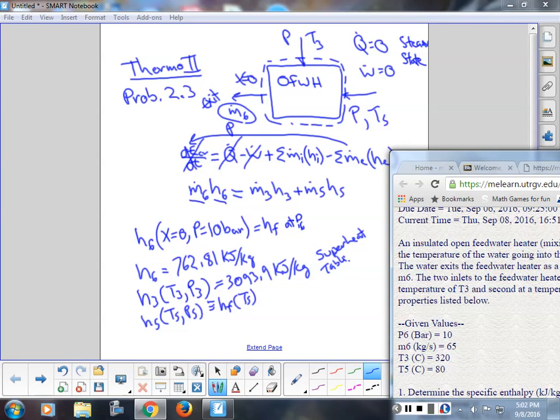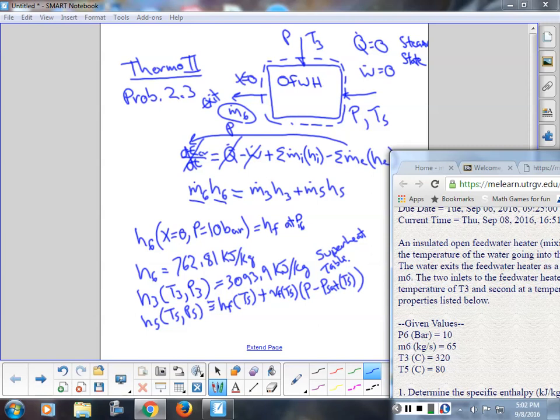Now, to be a little more accurate, I'd use the more exact calculation, but I'm going to start with this one. So I guess I could do plus, maybe I did it this way, vf at T5 times pressure, which is 10 bar, minus Psat at T5. So that's more exact.